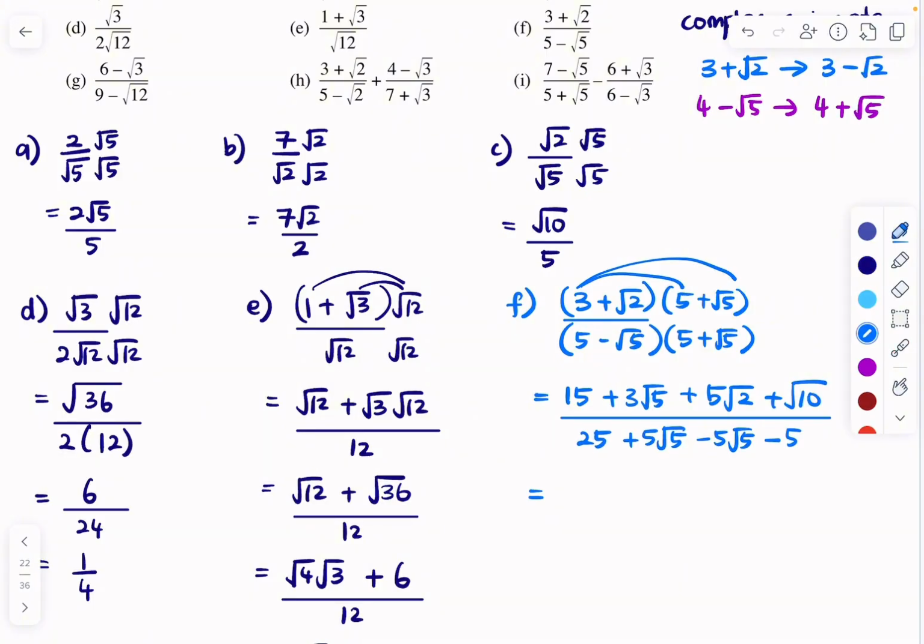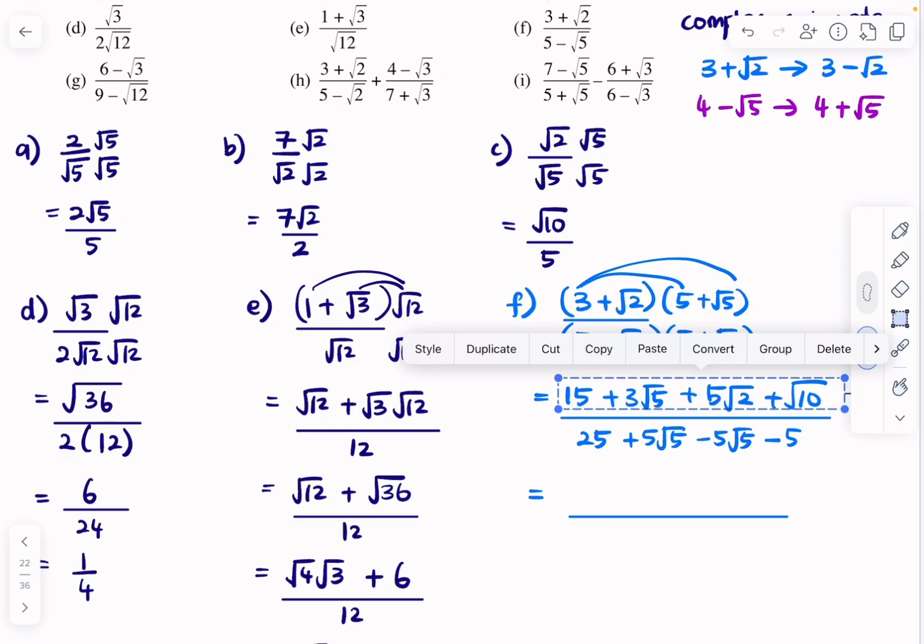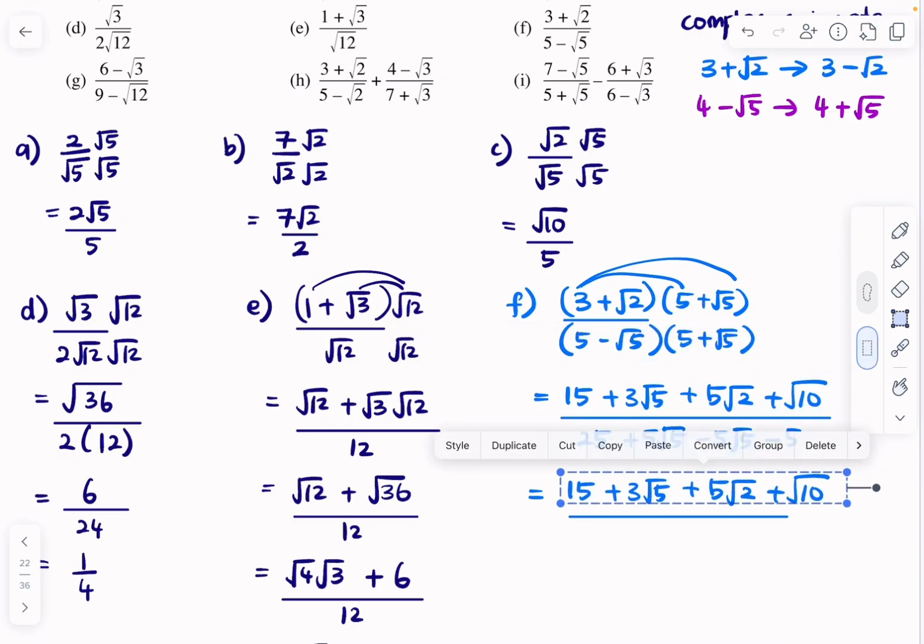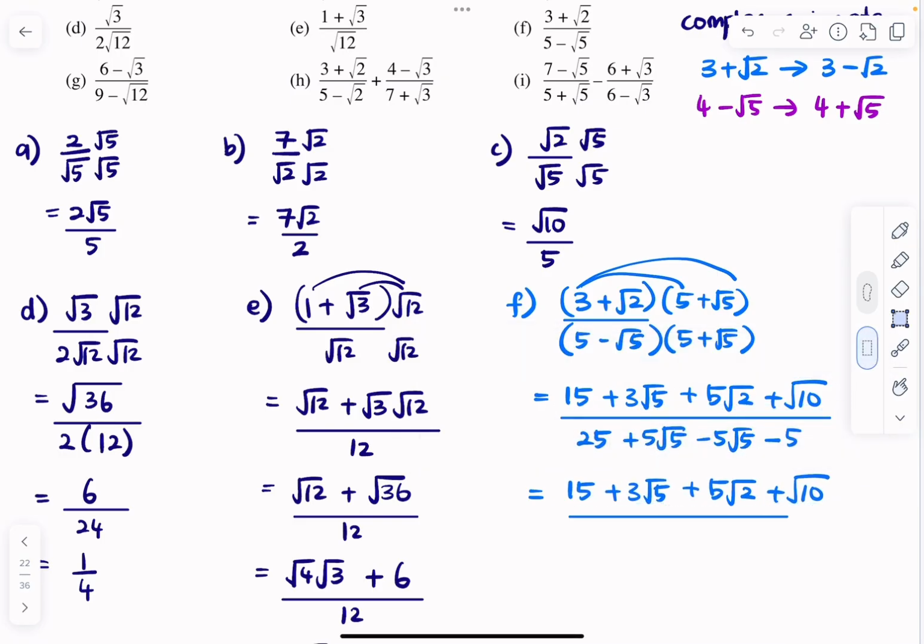So let's try to simplify the top. 15 cannot simplify. You can't simplify much, so let's just duplicate this. This whole thing has no similarities.